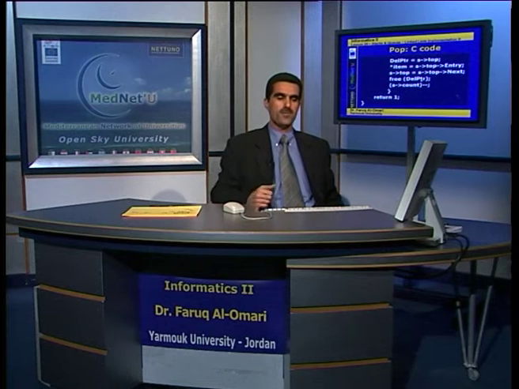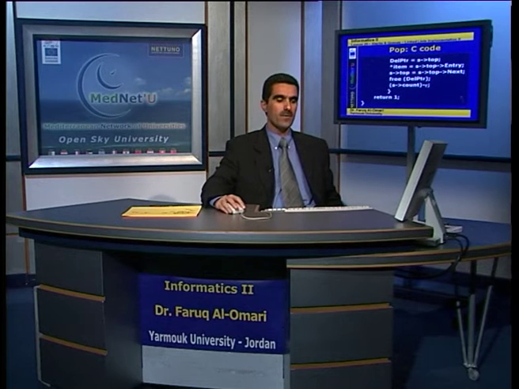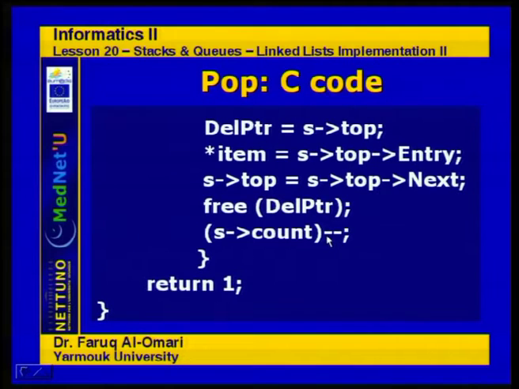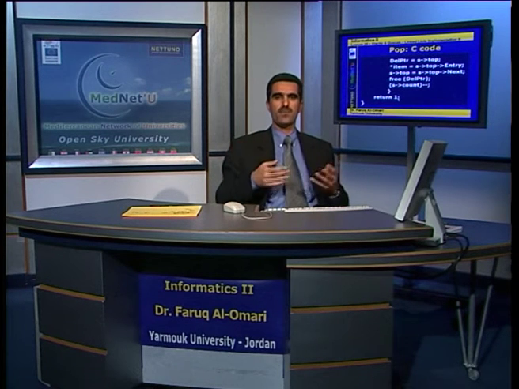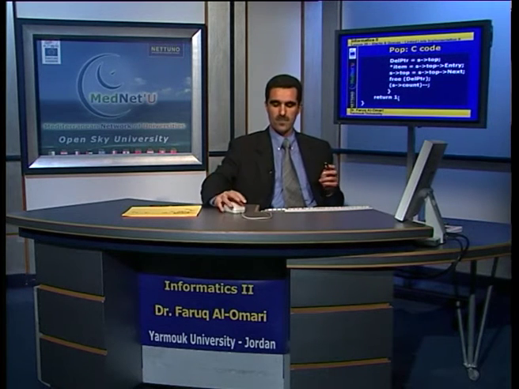And of course, before I leave, I have to remember that now the list has one less item than it had before I enter this function. So count is going to be decremented by 1. Okay? And after this, this is a successful return, so I return 1. All right? Very simple, very straightforward, nothing new in there. It's just basic manipulation of a linked list.